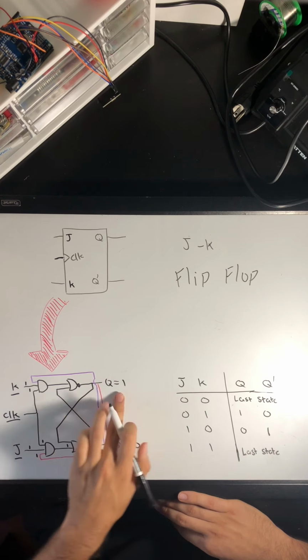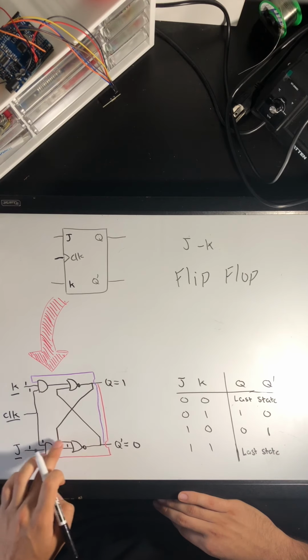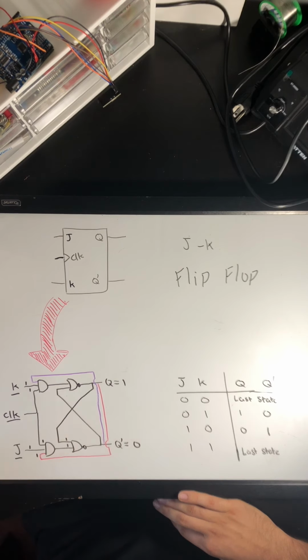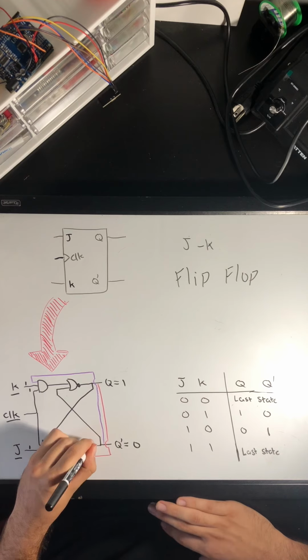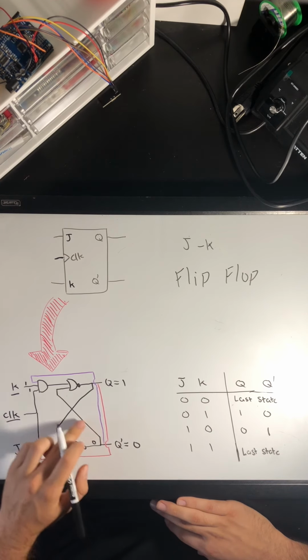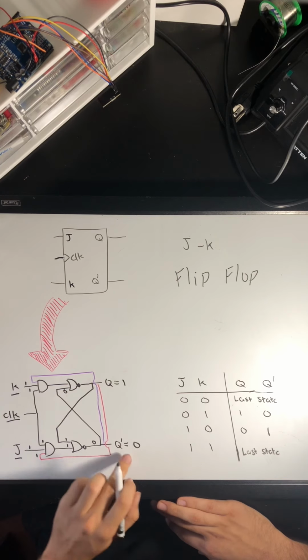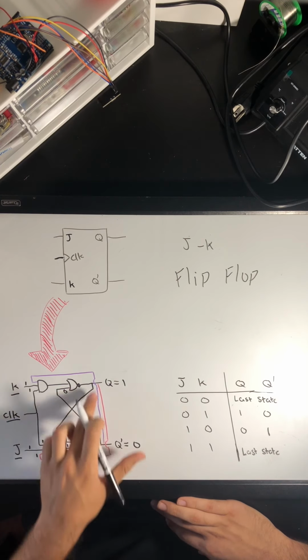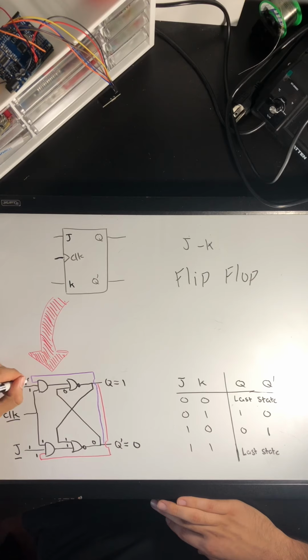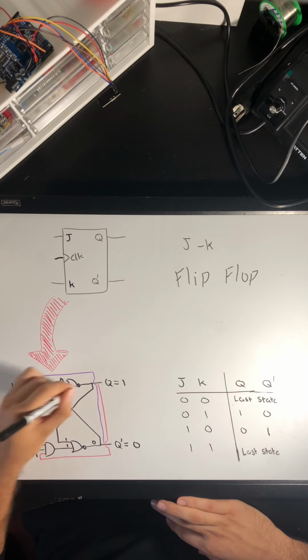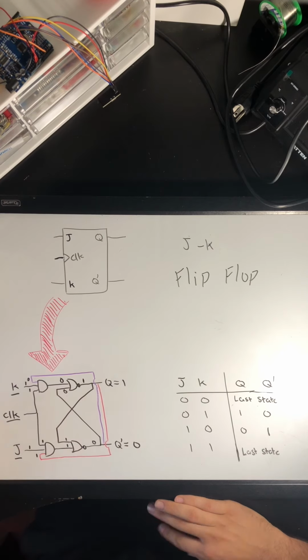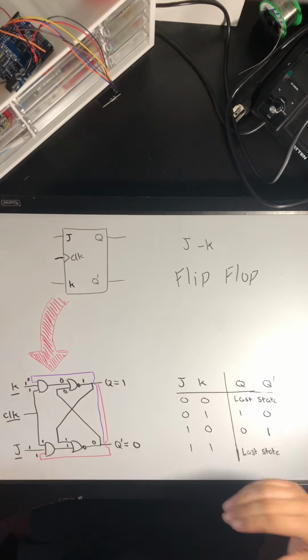And again, Q is 1 and we're feeding this back into this NOR gate. 1 NORed with 1 is going to give us a 0. This 0 is fed back in here. We have a 0 here. This Q prime, which is 0, is being fed into this AND gate. Therefore, we have a 1 ANDed with a 0, therefore we pass on a 0. This is 1, and we remain in the same state as we were before.